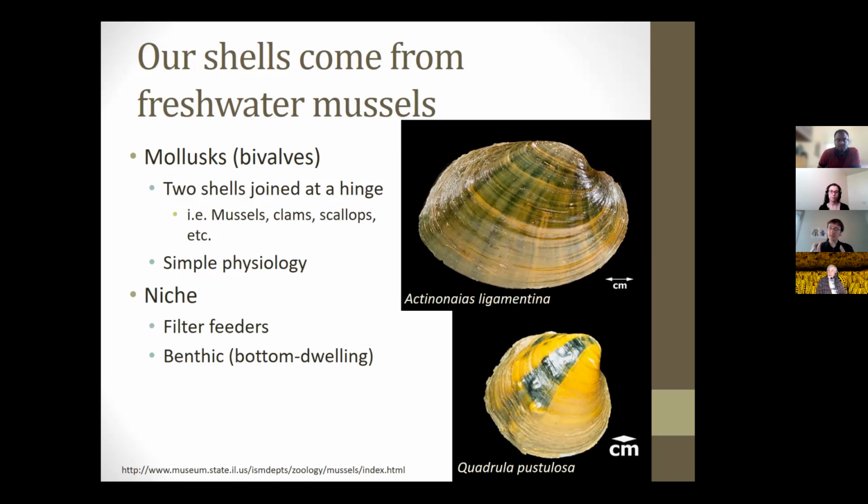They've got a fairly simple physiology on the inside, but one of the things that makes them very interesting, besides their shell growth, is their ecological niche in Illinois rivers: they are benthic, they live on the bottom, and they're filter feeders. So they bring in water, filter out the particles that they can use for food, and then expel the water.